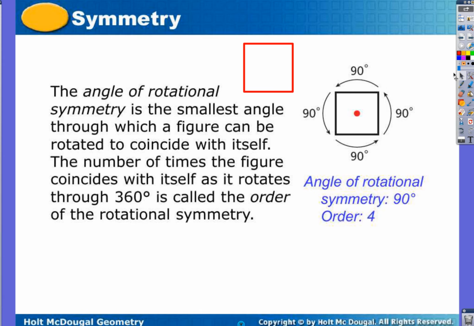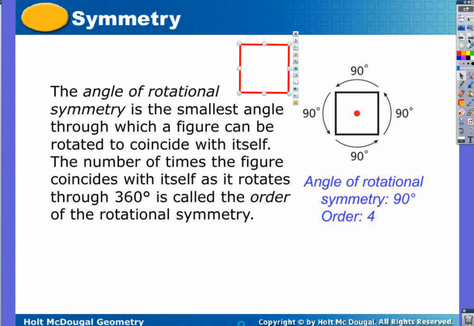If I were to get this and rotate it, how long before it starts to look the same? 90 degrees. Okay. How long before it starts to look the same again? 90 degrees again, for a quarter turn. Then the last part, order, says how many times can it be rotated within a full circle? In this case, there's 4. There's 4 different ways to make it look the same in one circle.